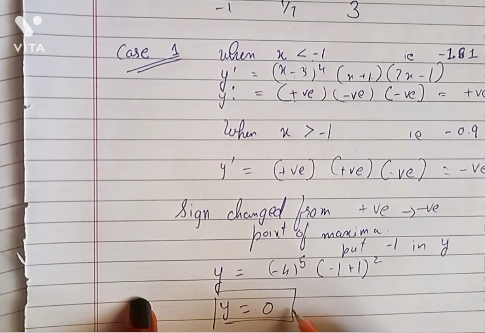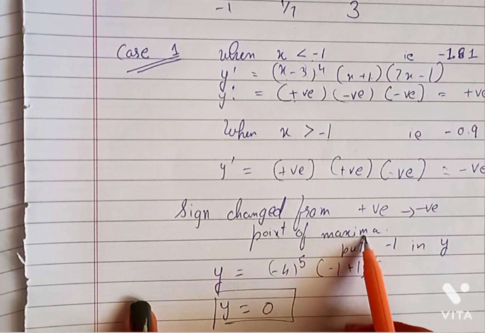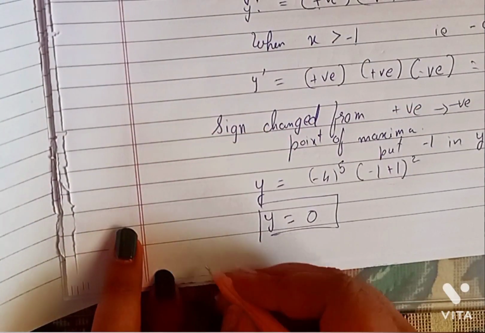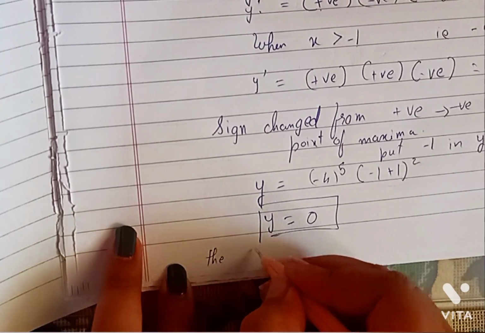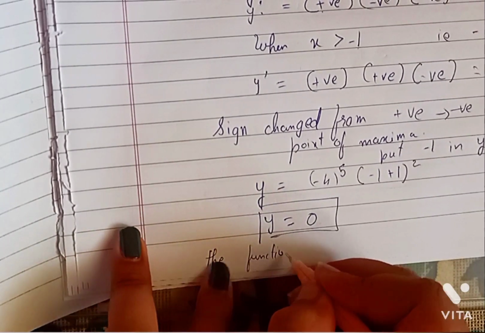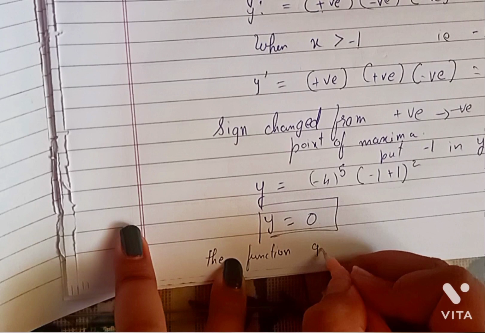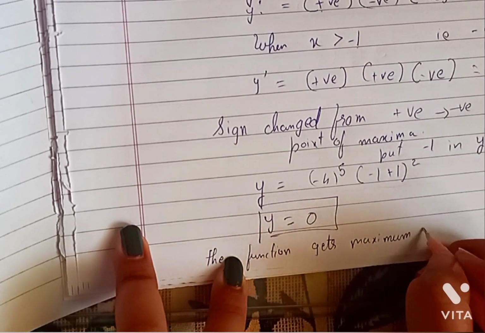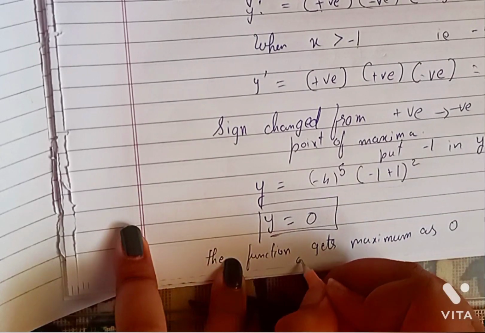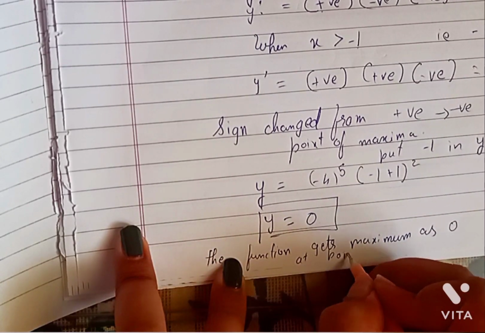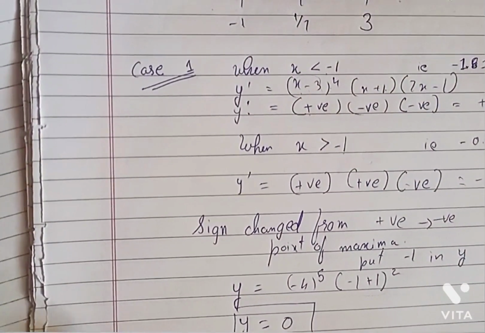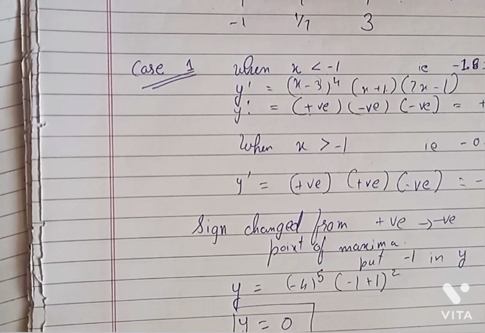So 0 is the maximum value which we could attain, and the point of maxima is minus 1. So in the answer you'll write that the function gets maximum value as 0 at the point x equals minus 1. This way you will write your final answer.